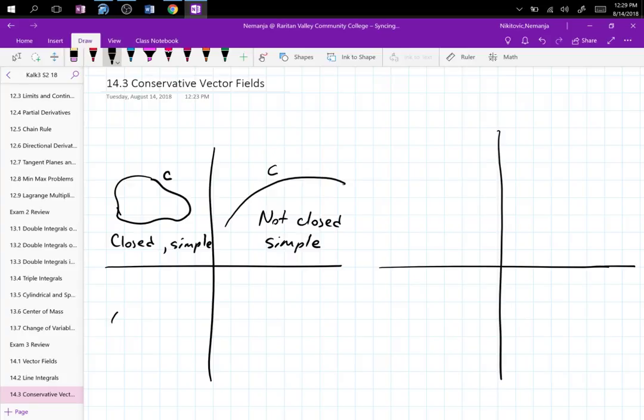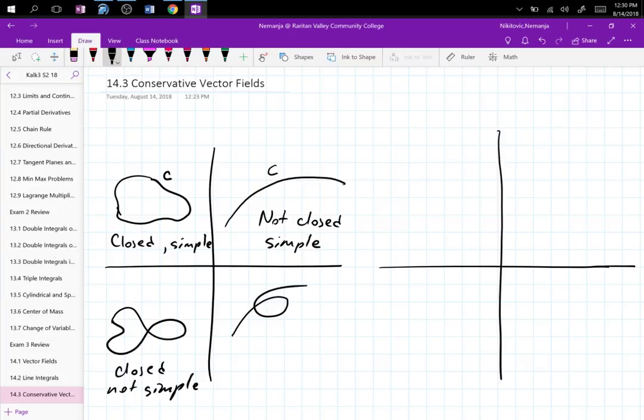Well, here is a closed curve that is not simple. So it intersects itself, and then over here we can go like that, and that will be not closed and not simple.